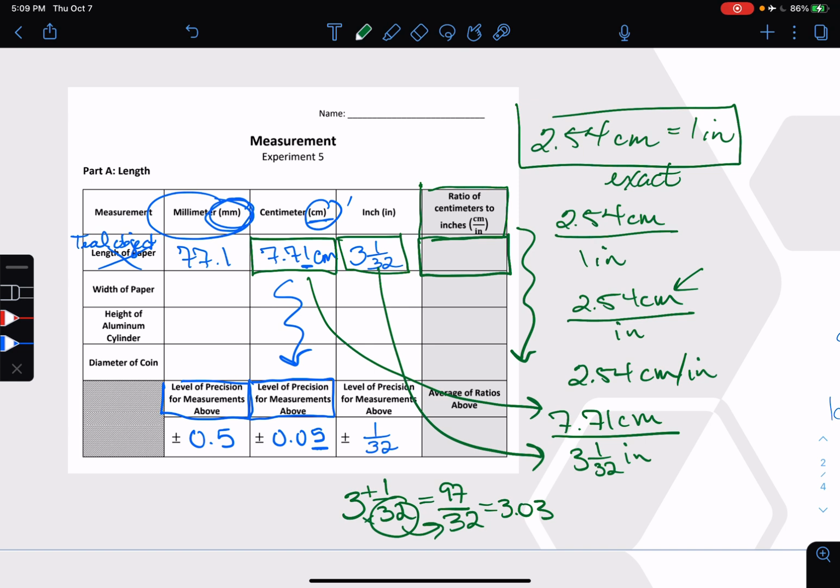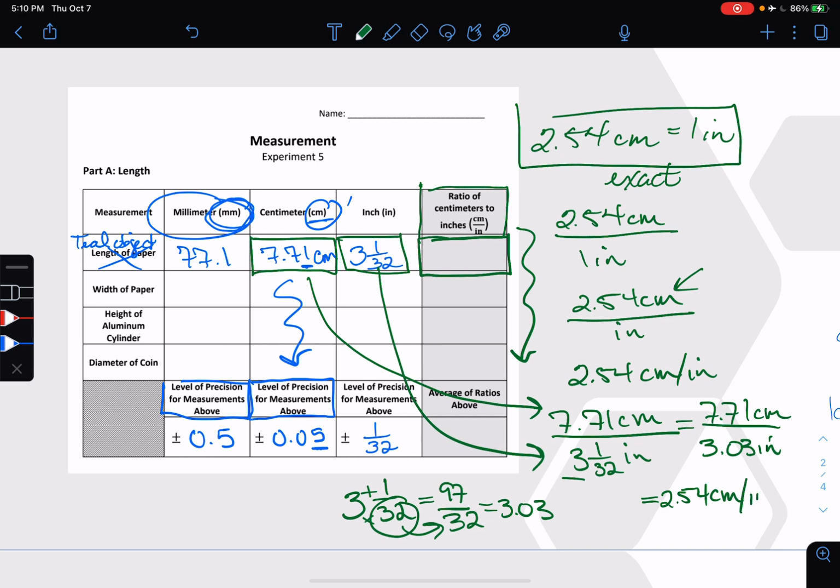Or you could just do 1 divided by 32 and see that you get 0.03 and add that on to your number 3 right there. Either way, you're going to get 3.03. So what we have is 7.71 centimeters divided by 3.03 inches.